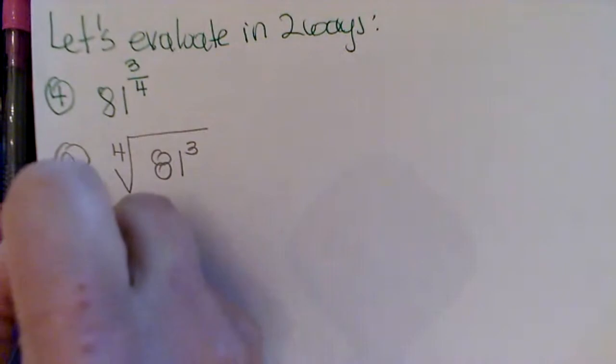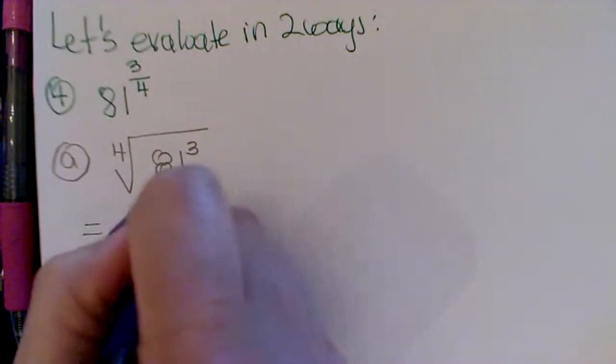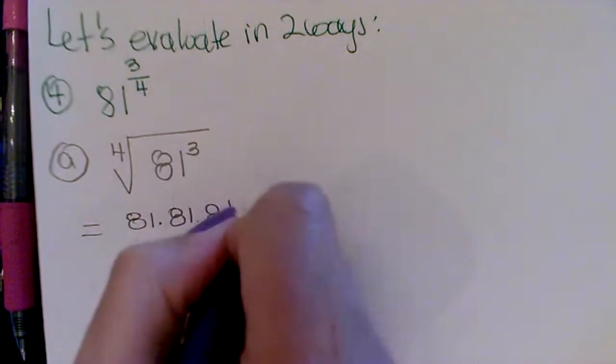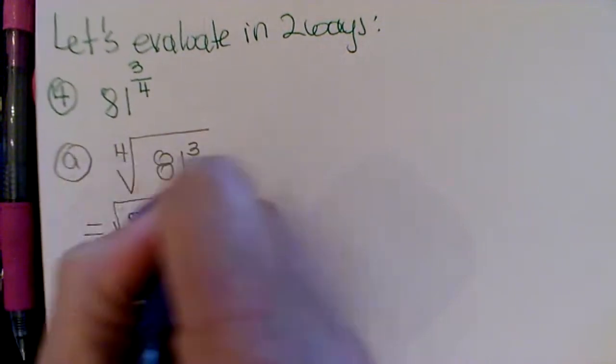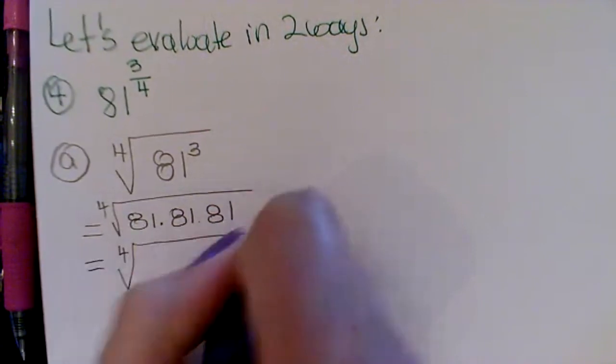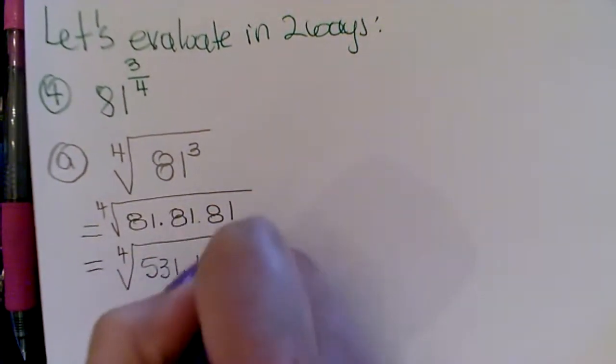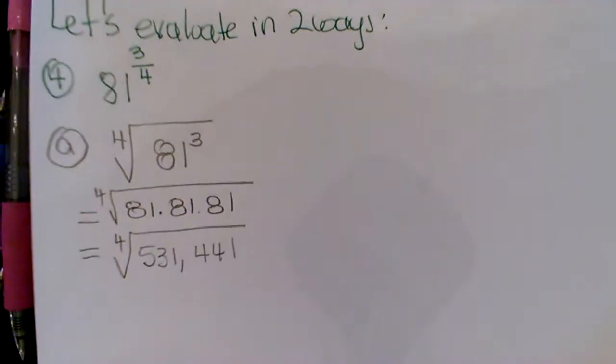So what do we have there? That's going to be 81 times 81 times 81, which is 531,441.